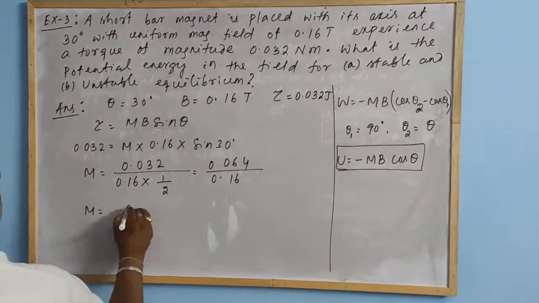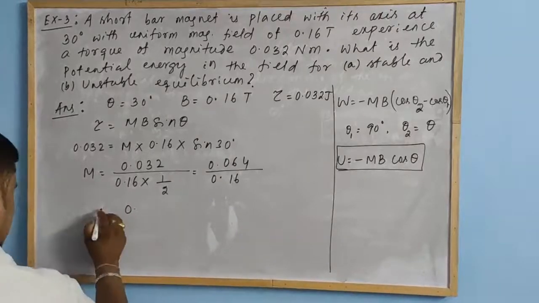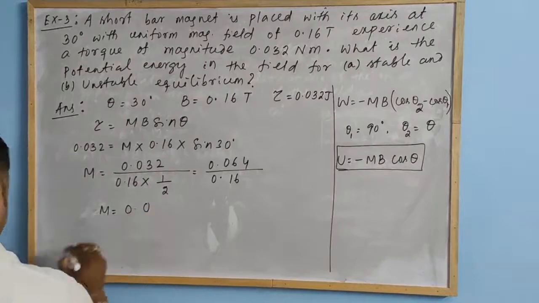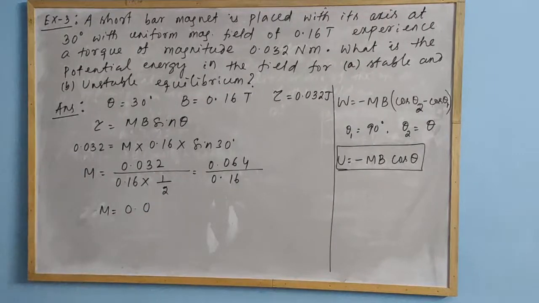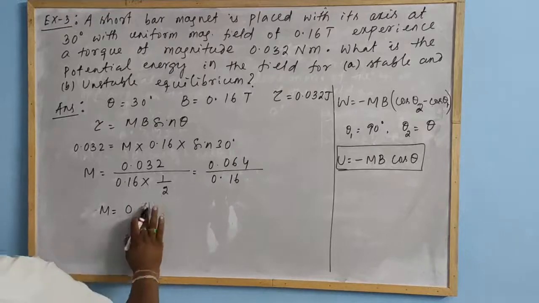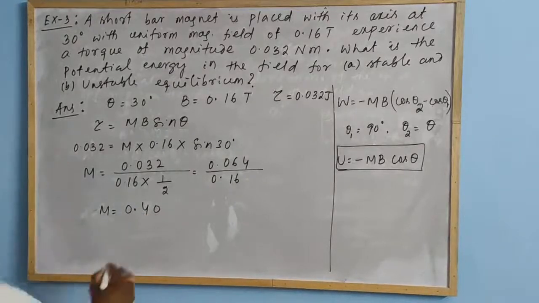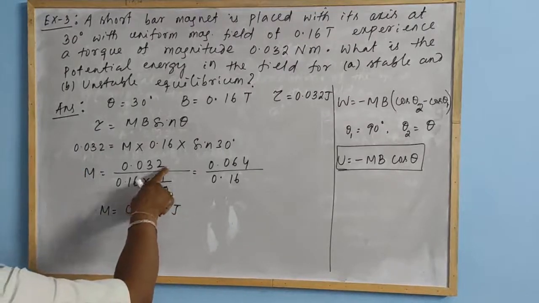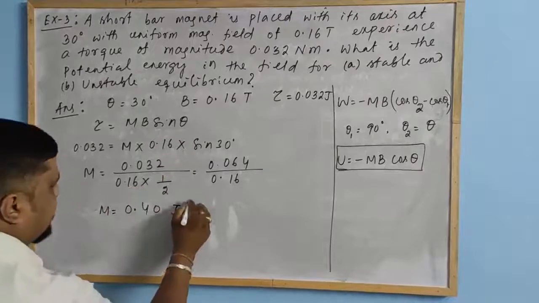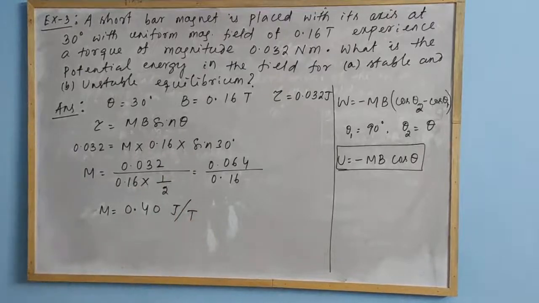So let me calculate this. The dipole moment m is equal to 0.40 Joule per Tesla.